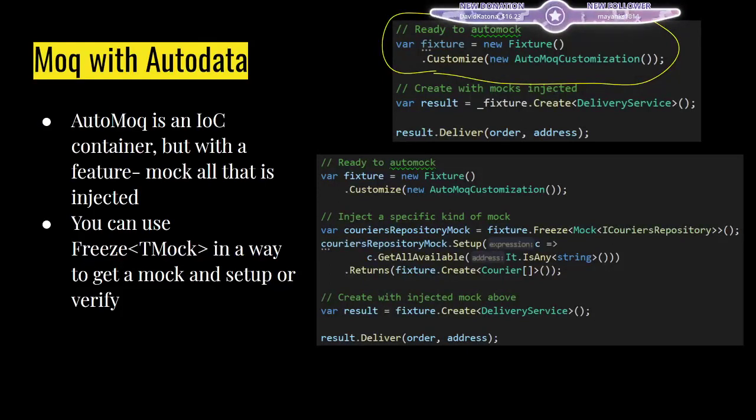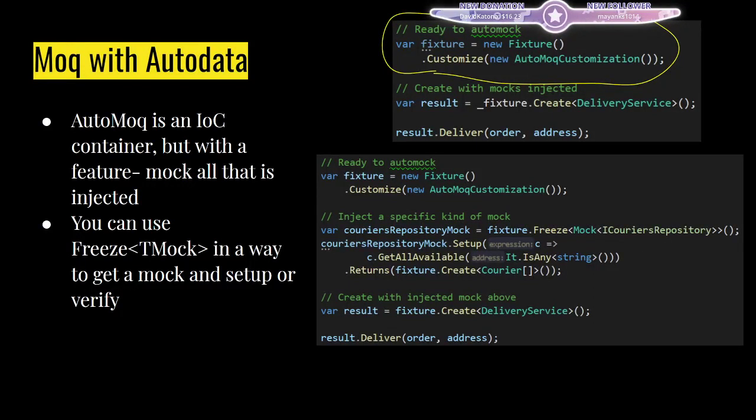And we can move it even one more step forward, which is mocking. I won't talk in detail how this works, because this is not the topic of this lesson. I'll just show what you can do with it. Basically, there is AutoMock customization. If you say fixture customize with AutoMock customization, it now means that whatever interfaces and other dependencies your service had, it will mock them all.